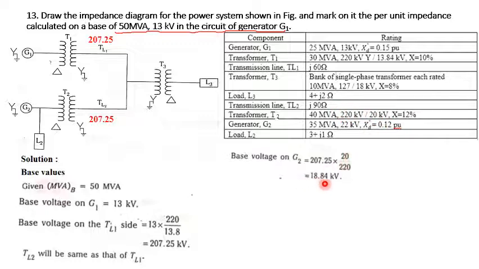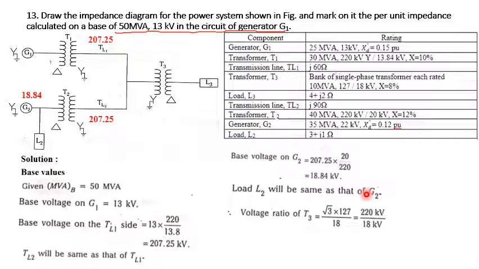You will get 18.84. That is the new value across generator G2. The voltage across L2 is also the same, because it is connected to the secondary side of the transformer, that is the low voltage side. So L2 will be the same as the G2 value.